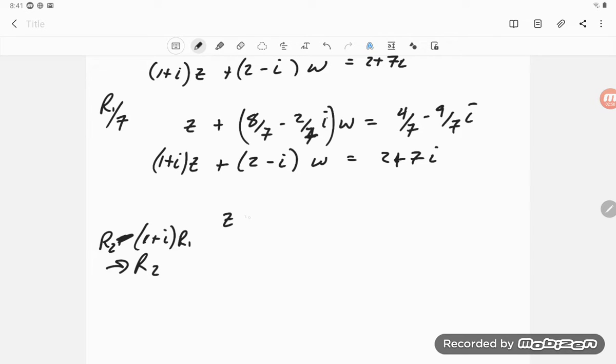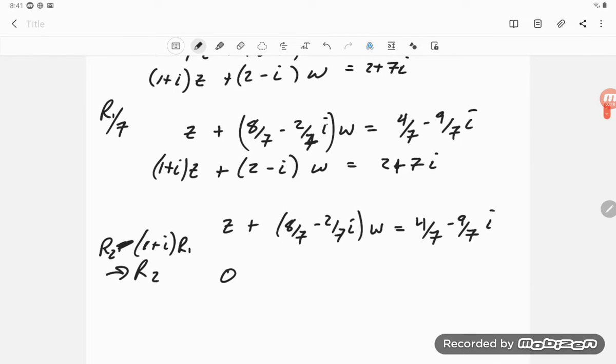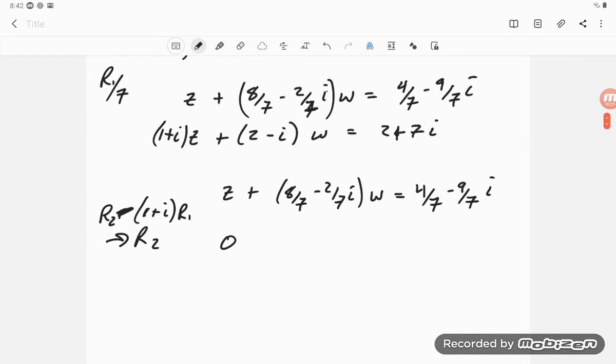So that first row is the same, z plus (8/7 minus 2/7 i)w equals 4/7 minus 9/7 i. And now I know I get 0 here. I just realized I'm not sure why I kept the variables and didn't just go to an augmented matrix. I'll do that next. I just didn't notice that I hadn't done that.